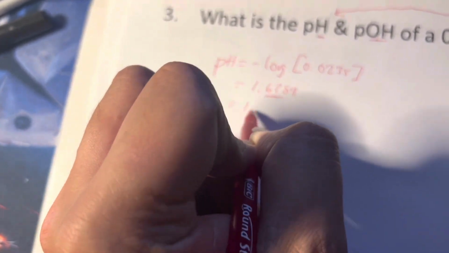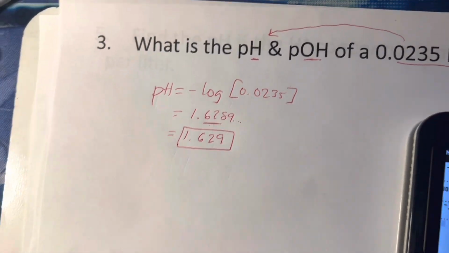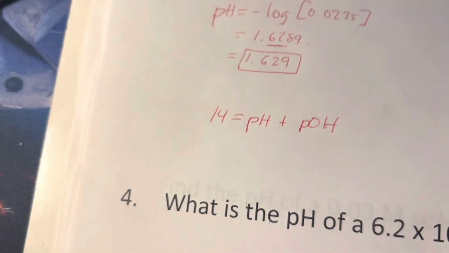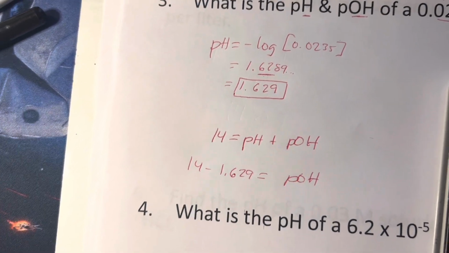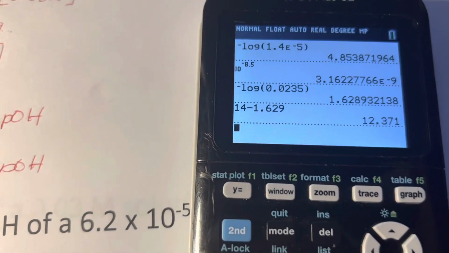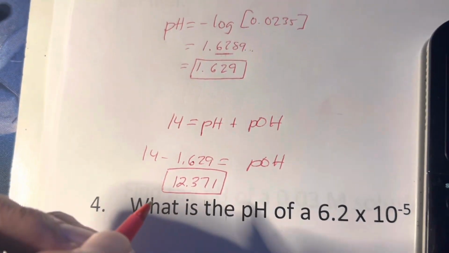So 1.629 is my pH. How do you get your pOH? Remember, one of the equations is 14 equals pH plus pOH. Just solve for pOH: 14 minus 1.629 equals my pOH, which is 12.371.